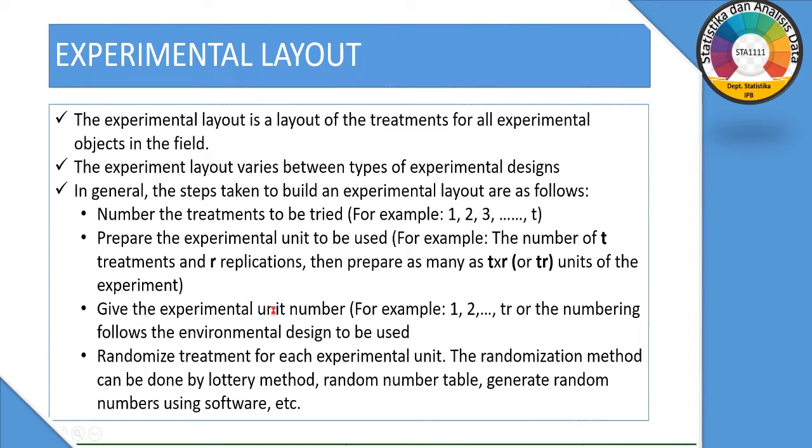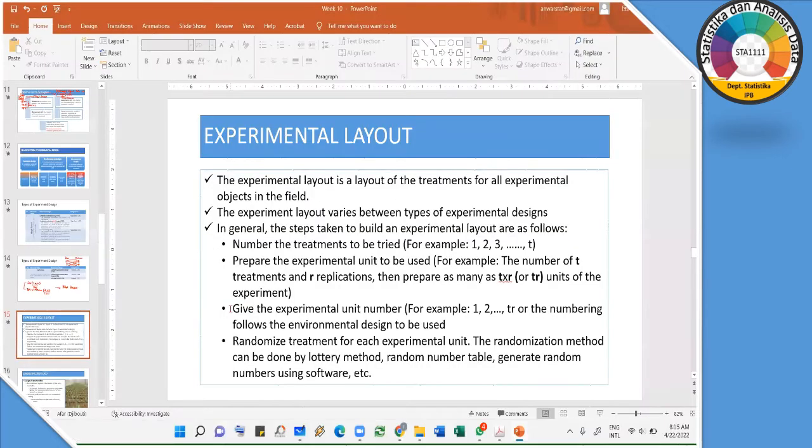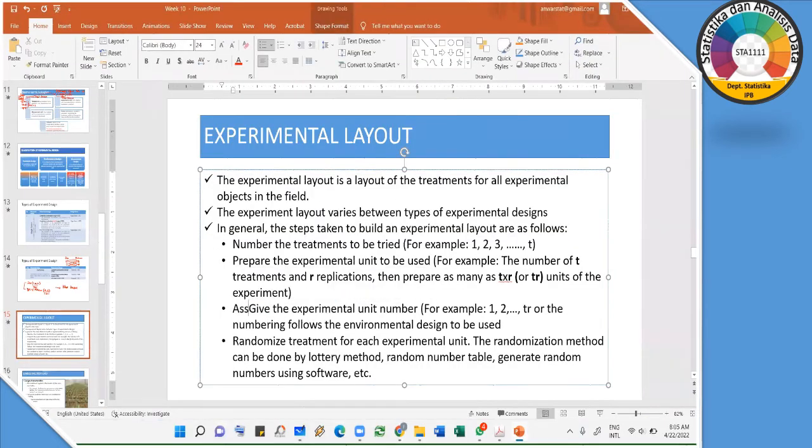And then we give the experimental unit a number. For example, 1, 2, 3, and so on. Let me give you better words: assign a number to each experimental unit.